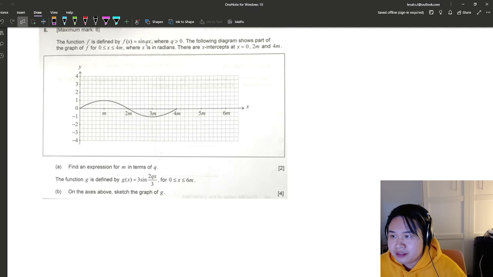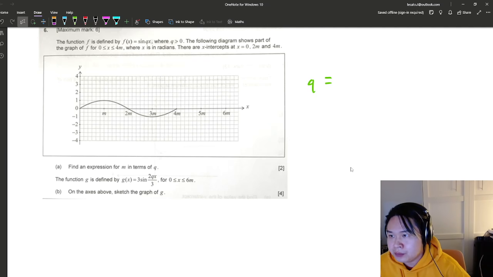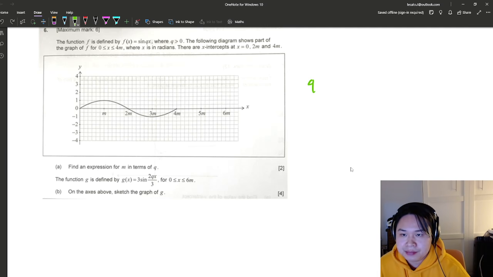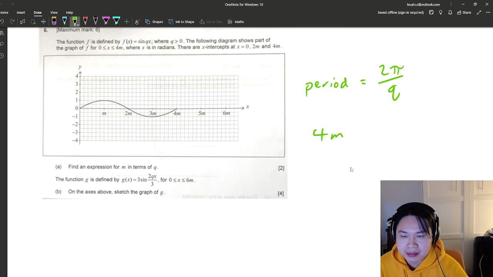So here we have a sine wave, and then it has a horizontal compression by Q. And then here's a diagram. Okay, find an expression for M in terms of Q. Q is a horizontal compression or expansion, and that basically means that your period for sine, which is by default 2 pi, is going to be divided by Q. And then you can just look on your graph itself and see that the period is 4m.